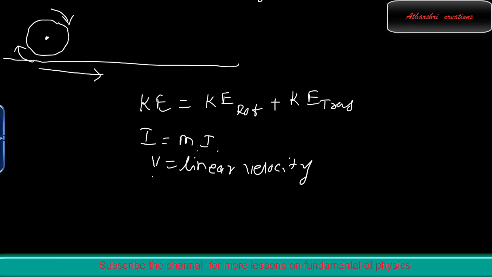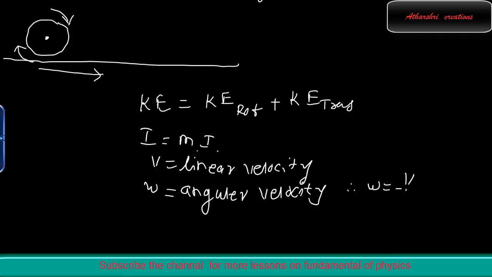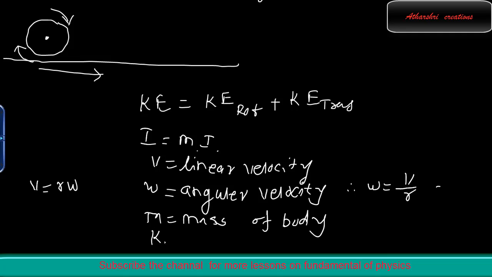Omega is the angular velocity, such that omega equal to V by R, because V equal to R into omega, hence omega equal to V by R. Also capital M is the mass of the body which is rolling, K is the radius of gyration.